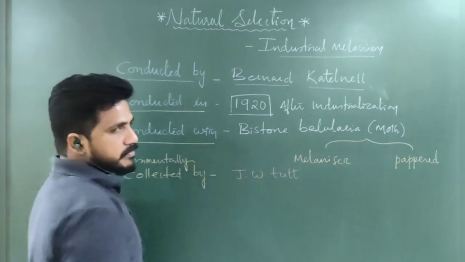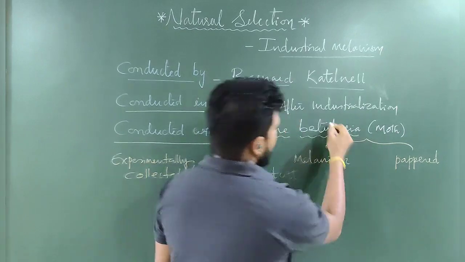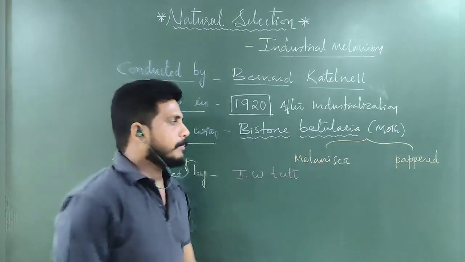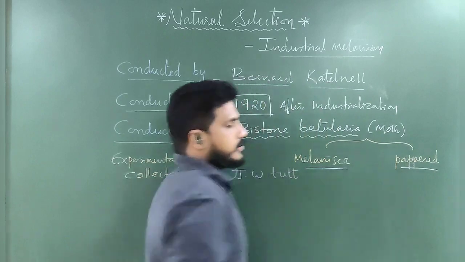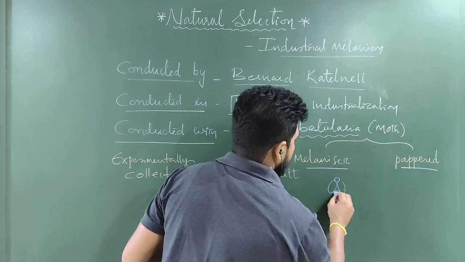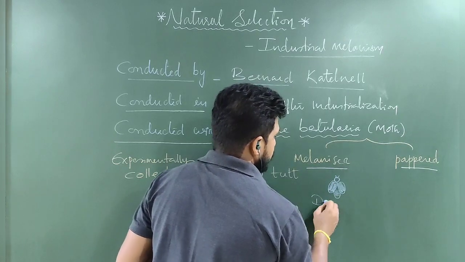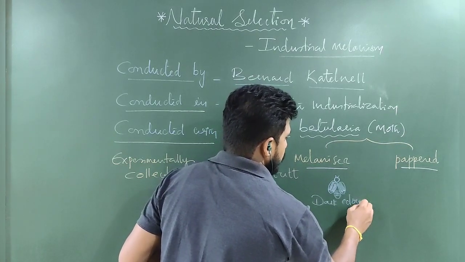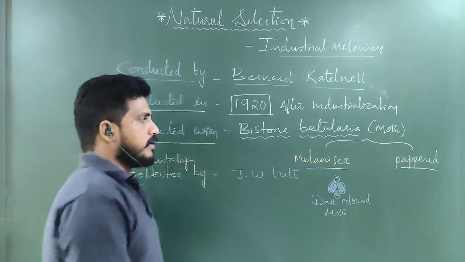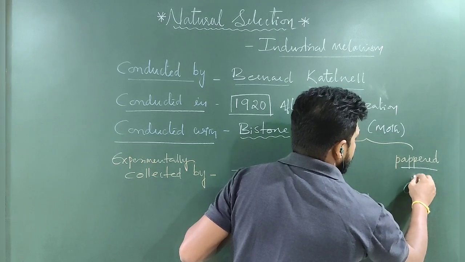It was conducted with an organism that is simply called a moth. That moth's scientific name is Biston betularia, and the common name is moth. In that, melanic and peppered, two different colors are taken. Melanic is nothing but a dark colored moth, simply grey or black in color, whereas the peppered moth is a white colored moth.